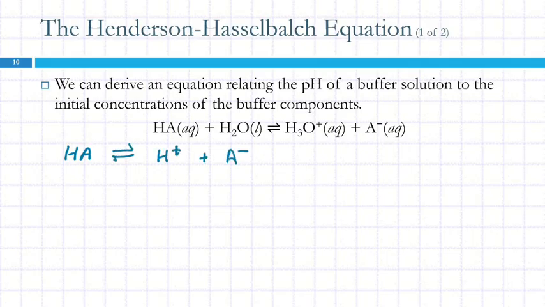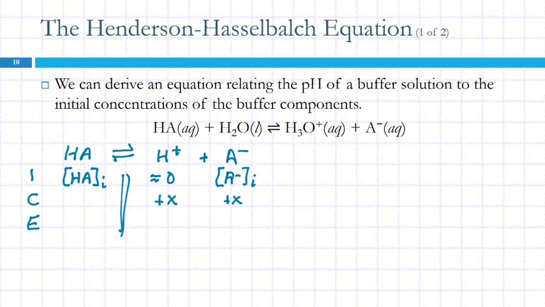Okay. So this is very much like what we just did, except we don't actually have the concentrations. So HA, that's the initial concentration, and A-, that's the initial concentration. And the initial concentration of hydrogen is 0.